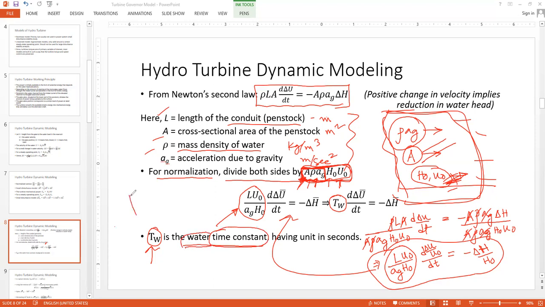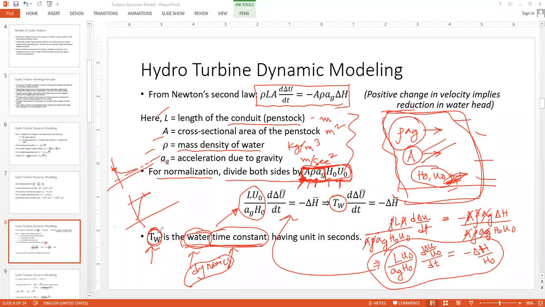That means if you open the gate valve, how much time will it take to raise the water level? If you close the gate valve, how much time would it take to reduce the water level? All the same concept. The same concept of time constant applies, but for water flow, because now the dynamics is being modeled for the water. So for the water flow dynamics, this is the equivalent concept of time constant, represented by TW.